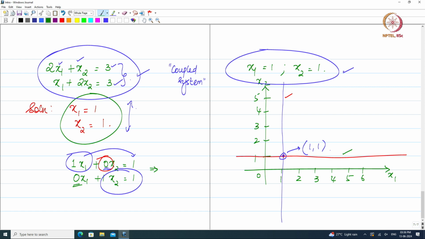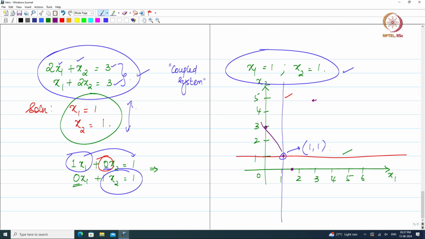So what we are trying to do is, when we say 2x1 plus x2 is equal to 3 and x1 plus 2x2 is equal to 3, we know the lines are going to be something like this. Let me draw those lines in the same graph that I have here. We have already seen this. It is basically 0 comma 3 and 1.5 comma 0.